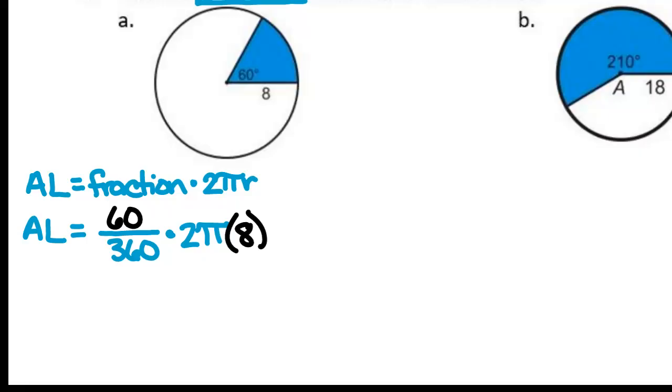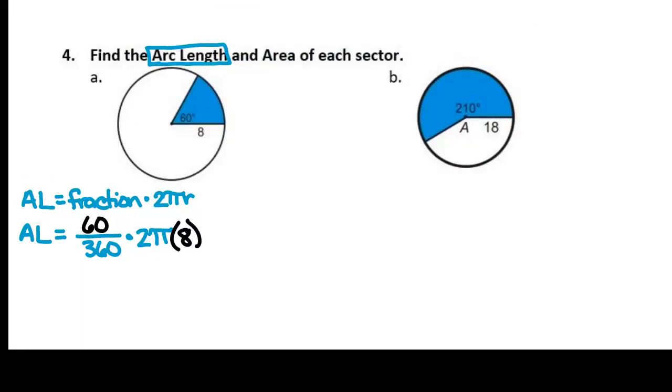Now I'm going to grab my calculator and I'm going to type it in just like that. I'm going to use the fraction button for the 60 over 360. So the fraction button is right here. Alternatively, you could put parentheses around your fraction and use the division key.